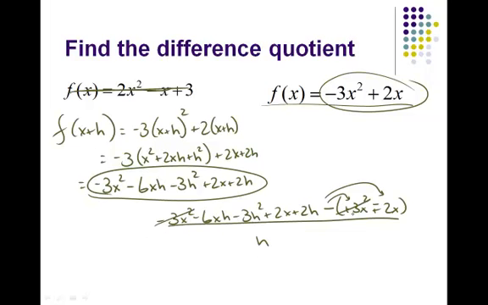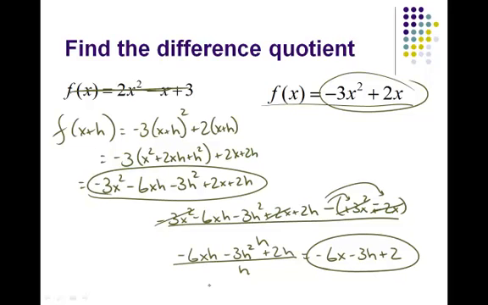Negative 3x squared, positive 3x squared, positive 2x minus 2x, and I'm left with negative 6xh minus 3h squared plus 2h over h, and if I cancel an h from each term, negative 6x minus 3h plus 2, and that's my difference quotient.